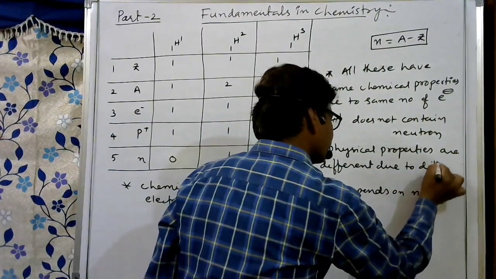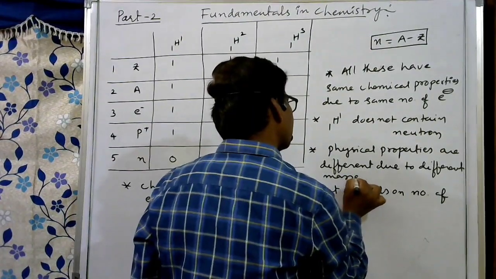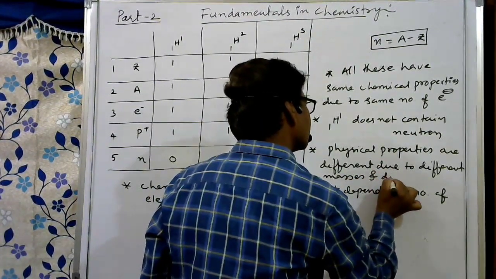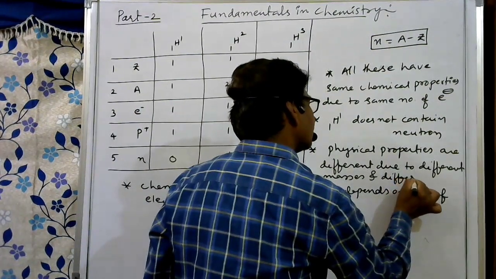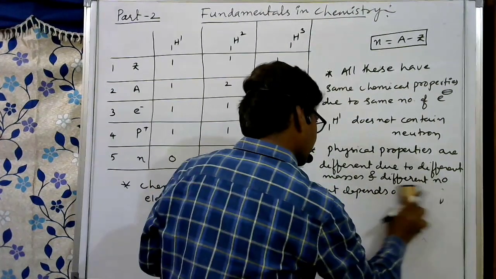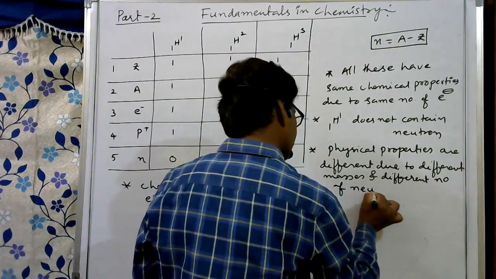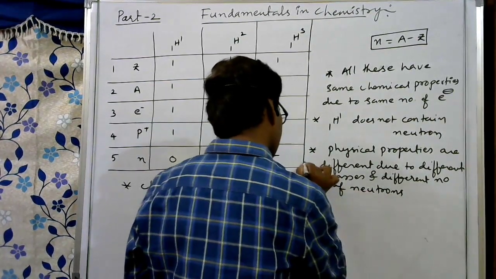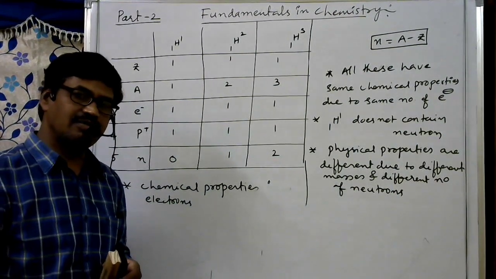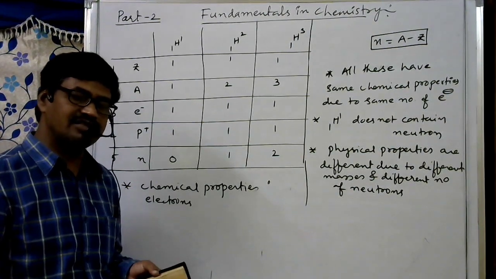They have the same chemical properties and different physical properties. Same chemical properties due to the same number of electrons, different physical properties due to different masses and also a different number of neutrons.